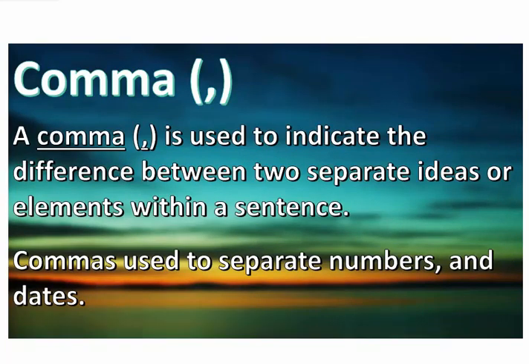Now let's move to the comma. The comma is also an important punctuation mark. A comma is used to indicate a difference between two separate ideas or elements within a sentence.